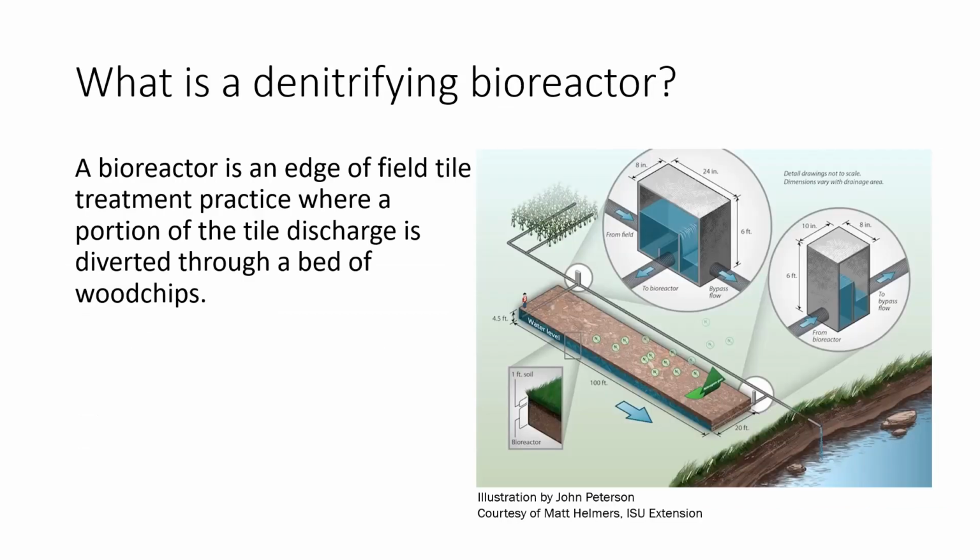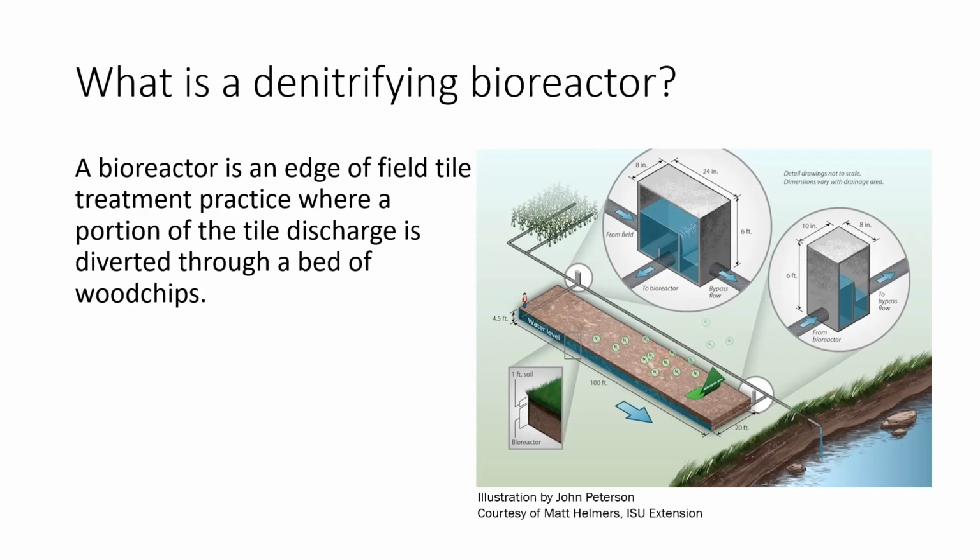So what is a denitrifying bioreactor? Well, a bioreactor is an edge-of-field tile treatment practice where part of that water is diverted through an underground bed of wood chips. This diagram here, drawn by John Peterson, courtesy of Matt Helmers at Iowa State University, shows how we get that water in and out of the bioreactor. So we have two control structures. That top control structure diverts the flow from that field tile and introduces it to that bed of wood chips.